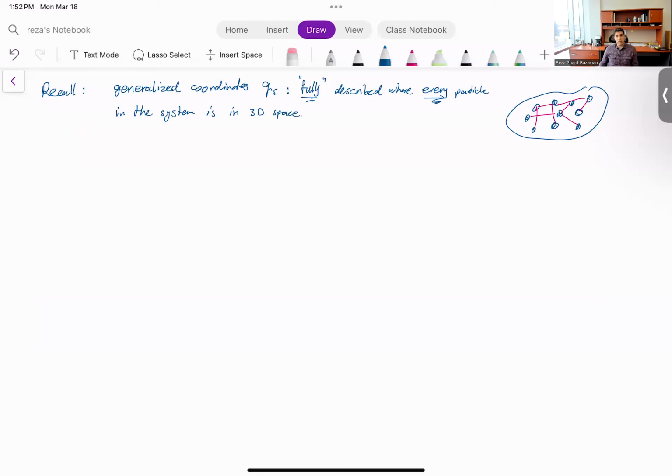So the set of generalized coordinates had to satisfy this property that they fully describe the system.